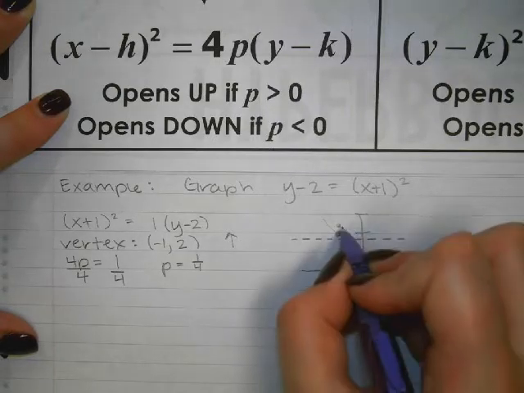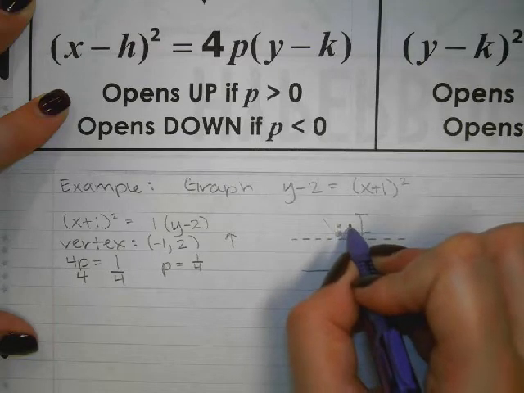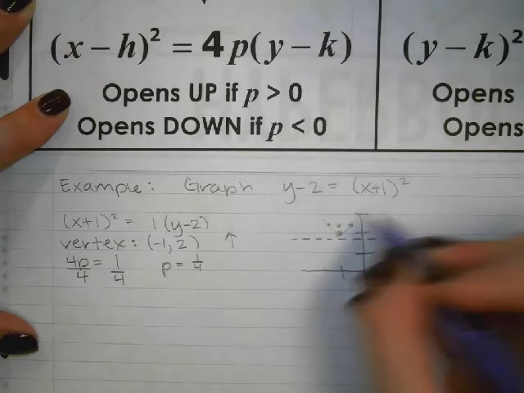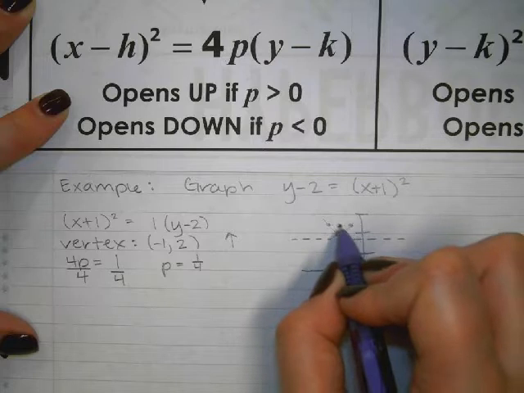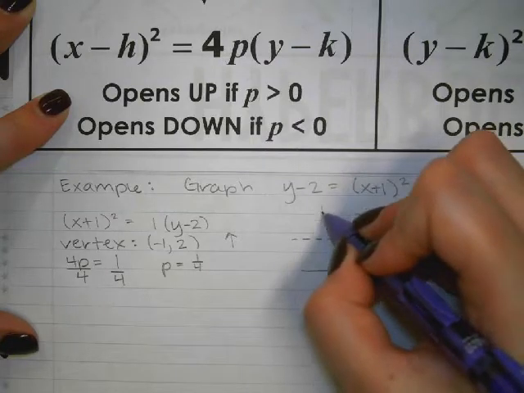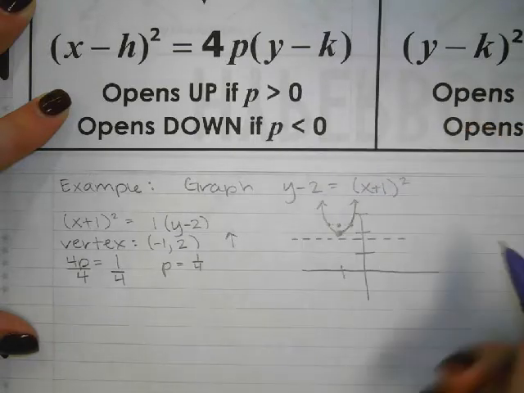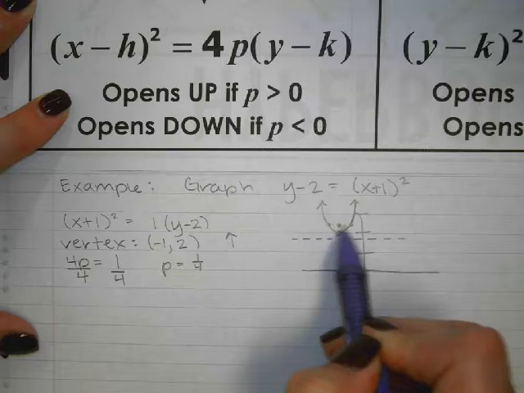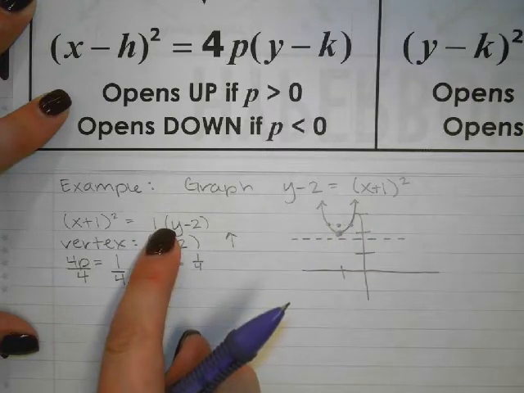All right, and then from here, I would go to the right 1/4 and then another 1/4. I would go to the left 1/4 and then another 1/4. And so these, the endpoints of the latus rectum, are half this way and half that way. And then I can draw my parabola. So you can see that if this is half and this is half, then that entire length is 1, which is exactly what we expected.